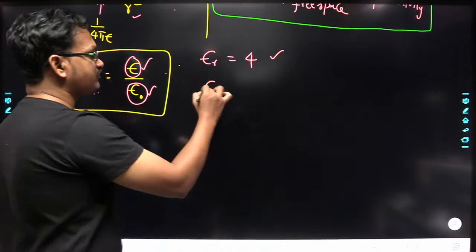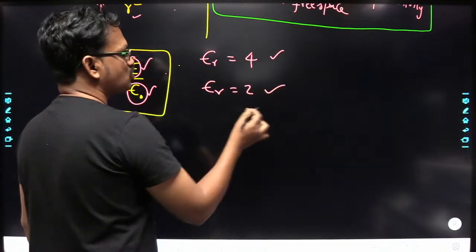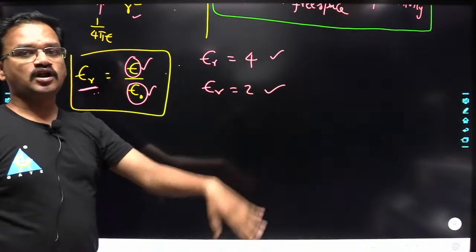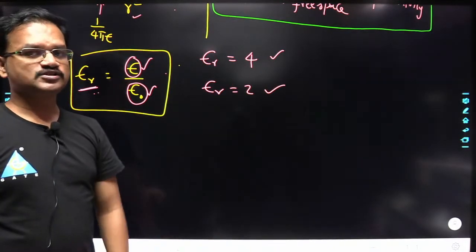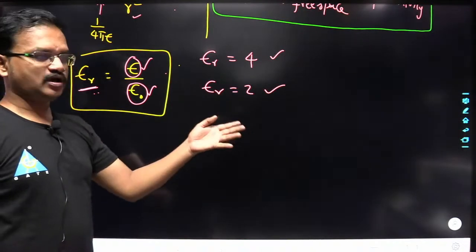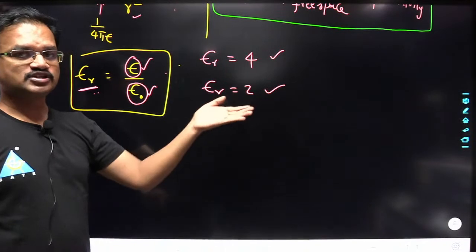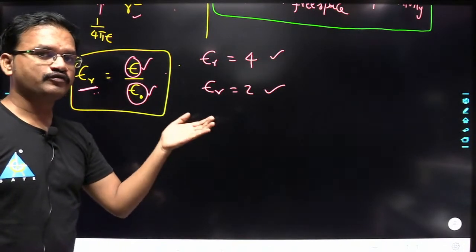Now, if epsilon r is equal to 2, the permittivity of this medium is 2 times that of free space. Yes or no? So in this manner, we are measuring the permittivity of any medium with respect to the permittivity of free space.